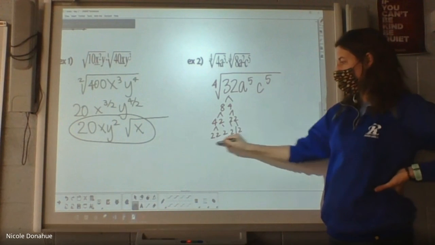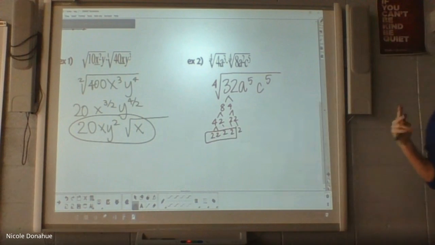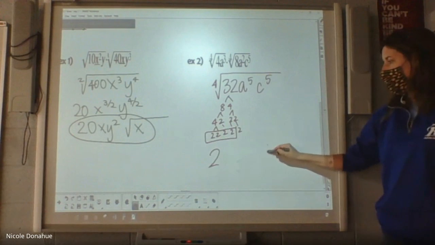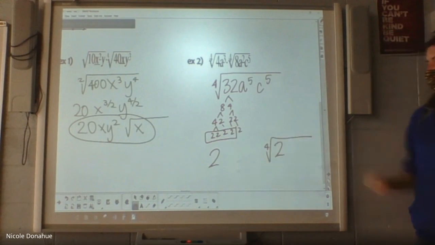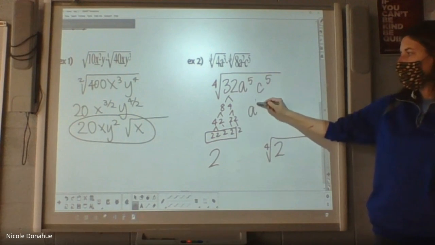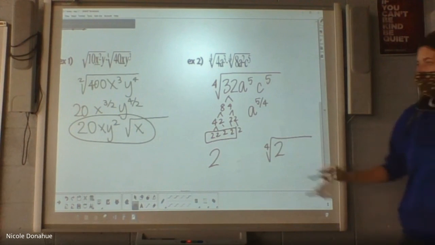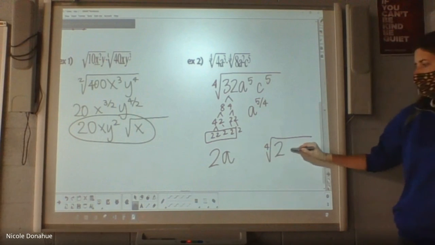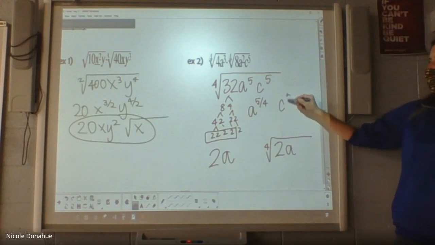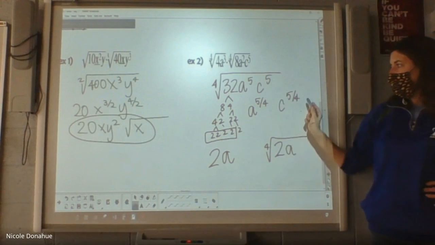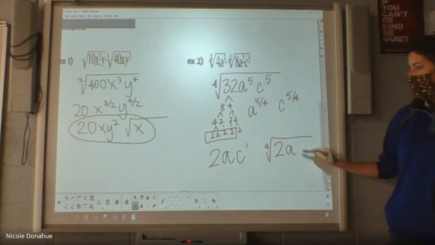So again, I want groups of 4. So I have 4 2s, so the 2 is gonna come out, and there's gonna be 1 left inside. Then 8 to the 5/4. 4 goes into 5 once with a remainder of 1.